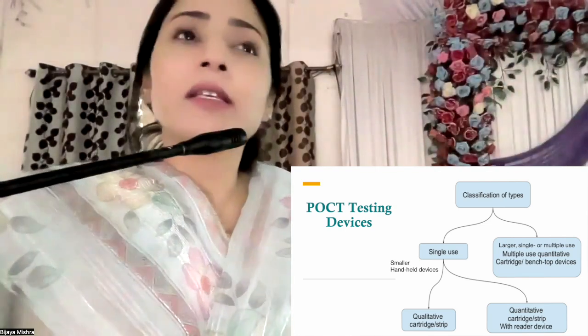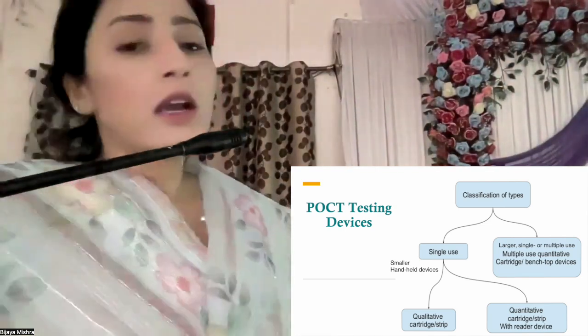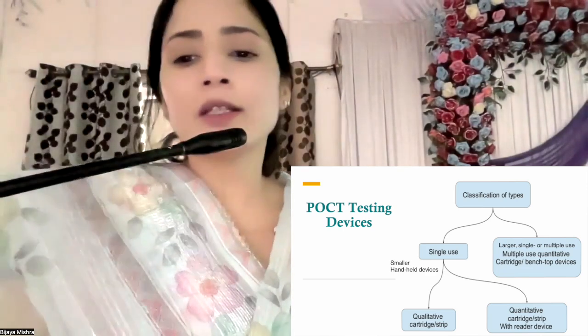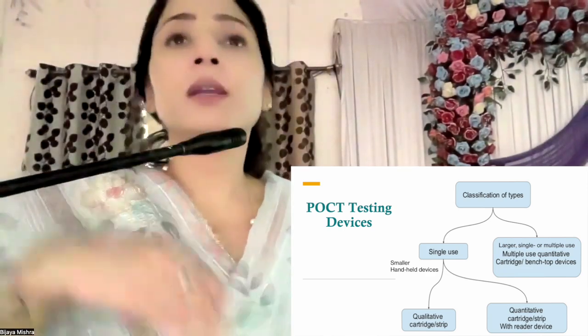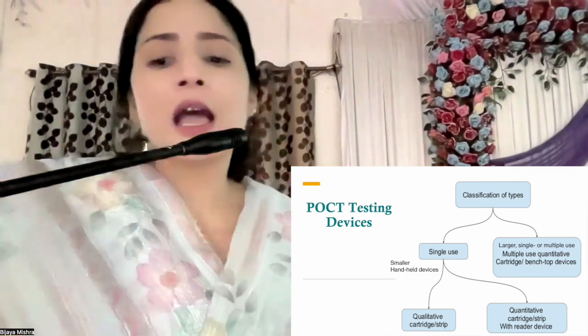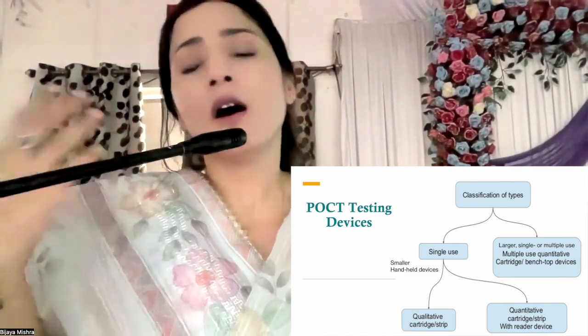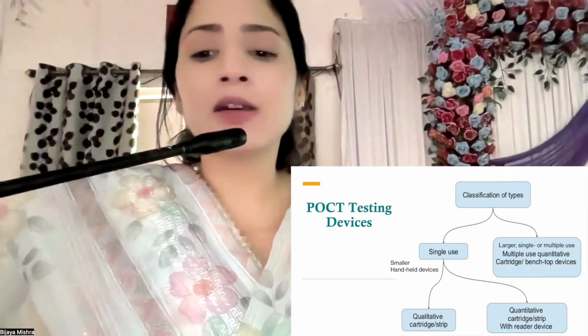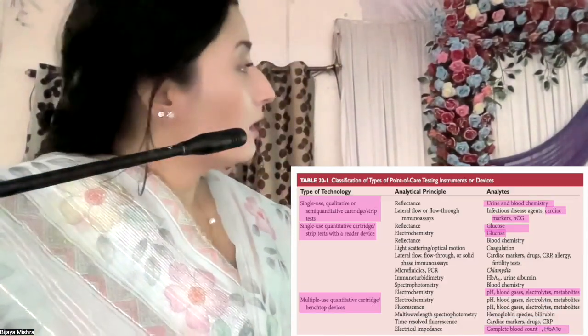So it basically comes under the waived test category. And when we look at the multiple-use quantitative cartridge-based devices, they are larger. They can be single or multiple use, and mainly they are quantitative. They provide a quantitative value for the analytes that we are testing. So these are the devices that we are using.